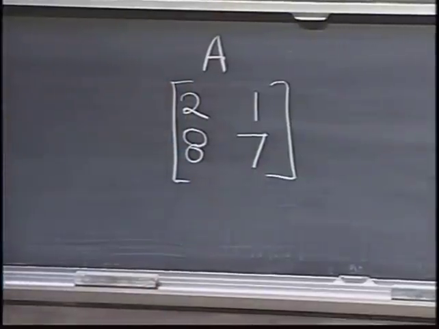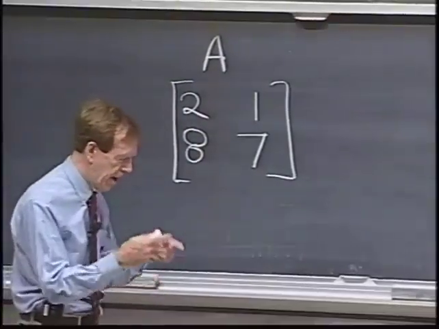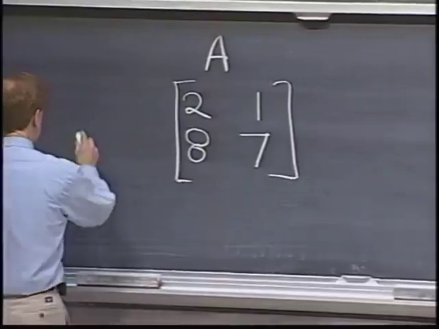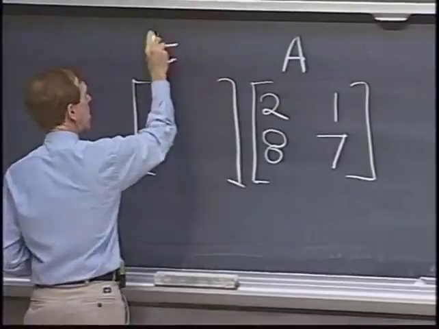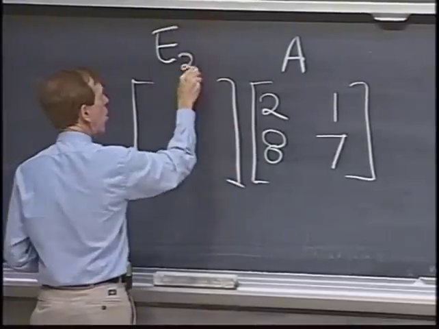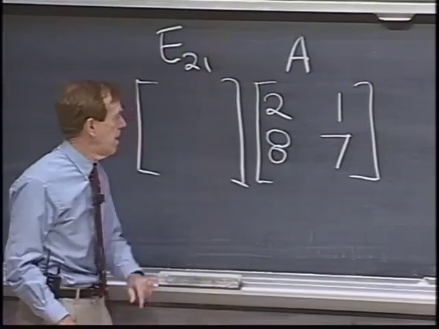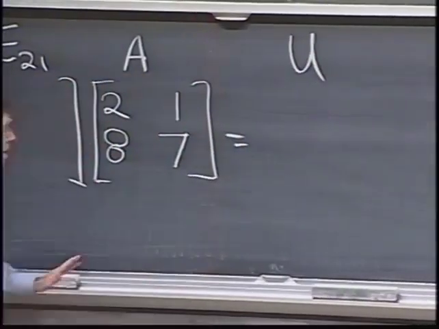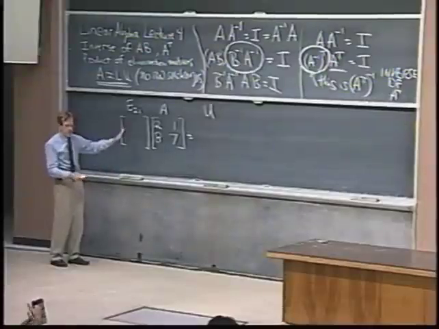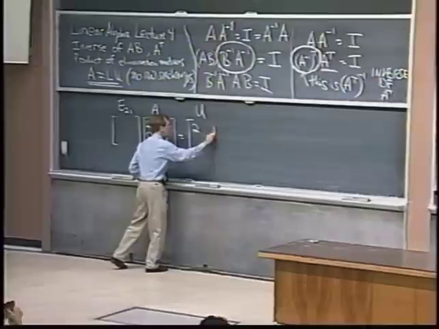Okay, now I want to operate on that with my elementary matrix. So what's the elementary matrix? Strictly speaking, it's E21 because it's the one that's going to produce a 0 in that position, and it's going to produce U in one shot because it's just a 2 by 2 matrix. So 2, 1.